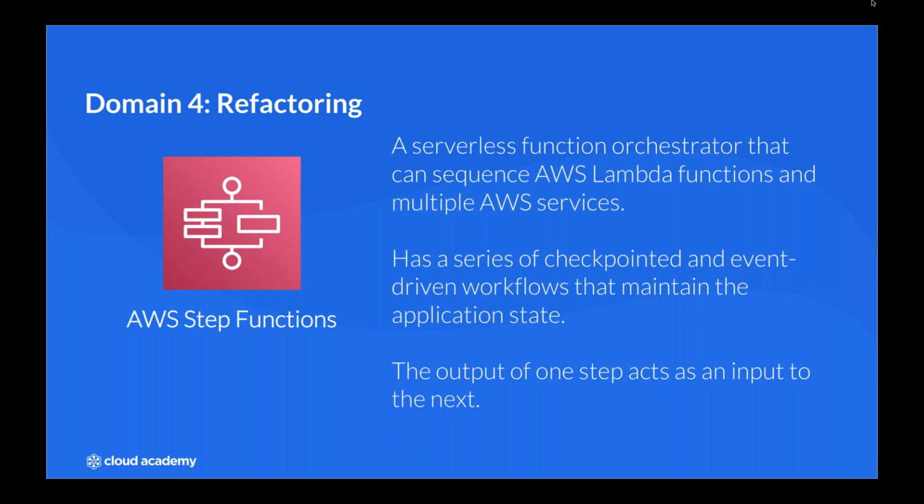We have container orchestration, Step Functions orchestration, and there's probably a better word for it. But the idea here is a serverless function orchestration that can manage these Lambda functions for us in a much more resilient way.